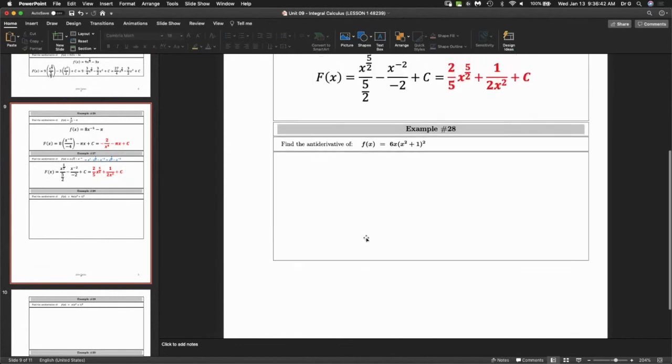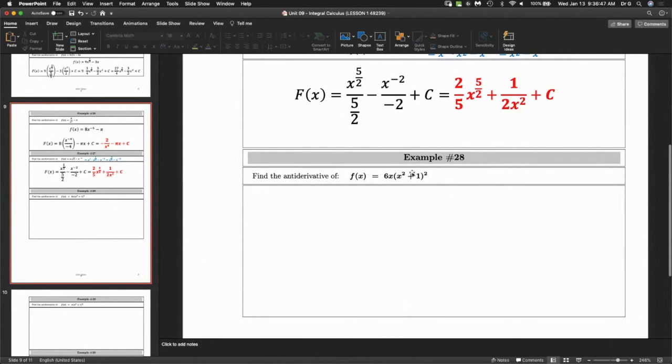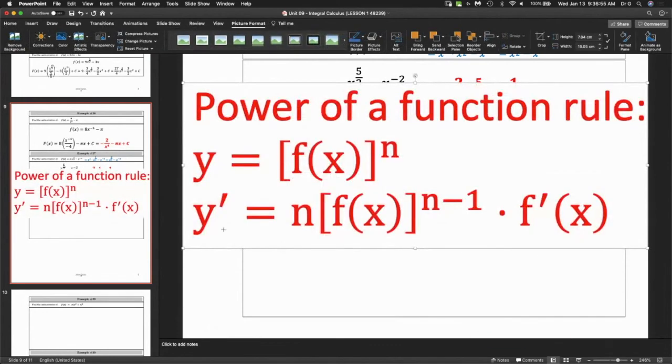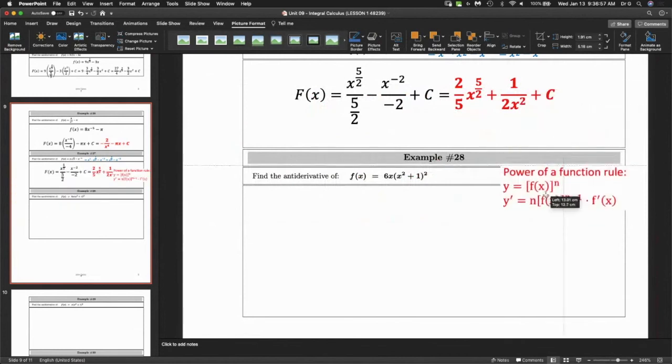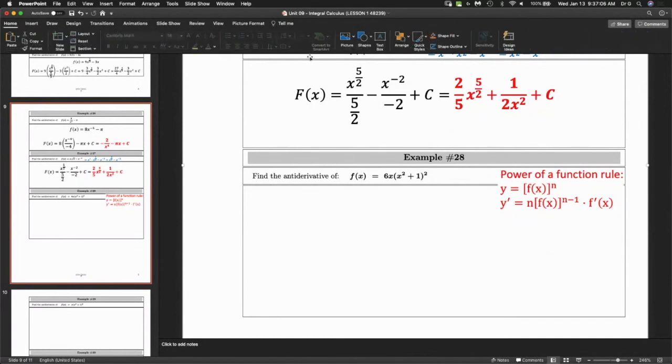So take a look at this question. We have something in brackets to a power, and then we have some stuff in front. So it's very reminiscent of using this rule. Now, for those of you who have studied antiderivatives already, you may be familiar with something, and I'm going to mention it on the side here.